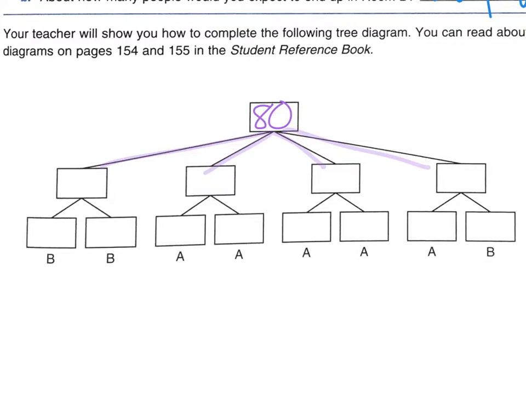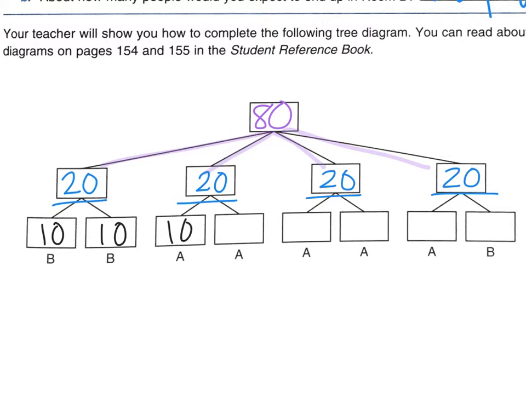So 80 divided by 4 equals 20. Each branch will branch off to 20 people. Then from there, each box of 20 splits off equally into 2 groups, which means 20 divided by 2, we get 10, 10, all the way across. All of these are equally likely.